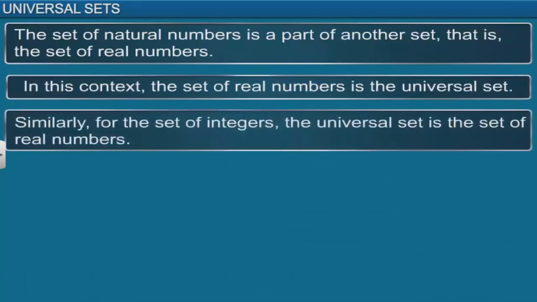Let's take another example. Any plane figure, such as a circle or a square, is made up of points. We can say that for all plane figures, the Euclidean plane forms the universal set.